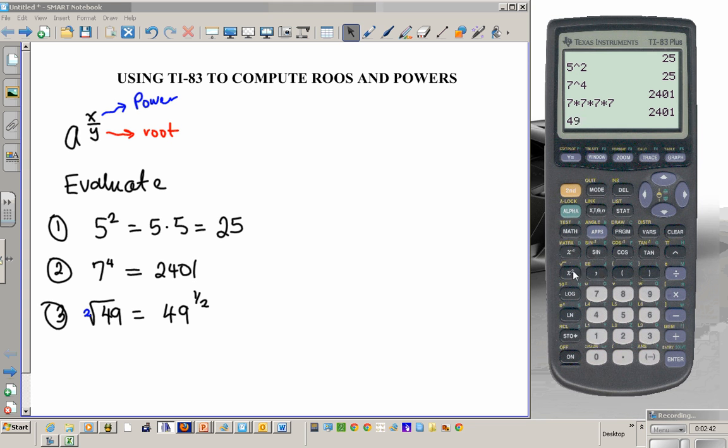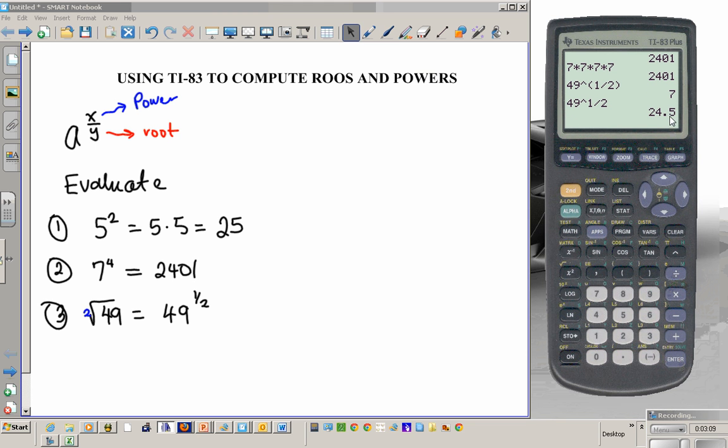So how do we do that? 49 raised to the, now this is where you have to be extremely careful. Anytime you're exponentiating and using a fraction as the exponent, you must place it in parentheses, 1 over 2, or else it will just raise it to the first power and divide the whole expression by 2. So 49 to the 1/2 is 7. A common mistake is to go 49 raised to the 1 divided by 2 and get 24.5.